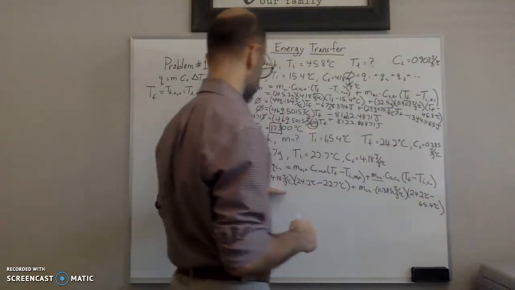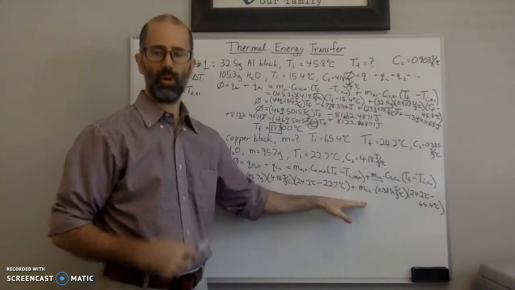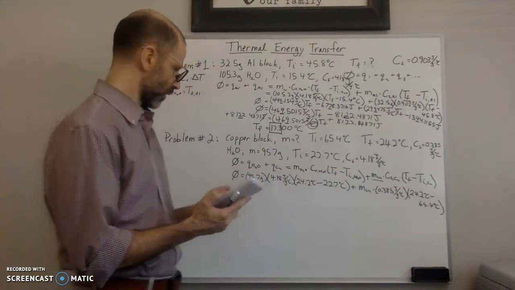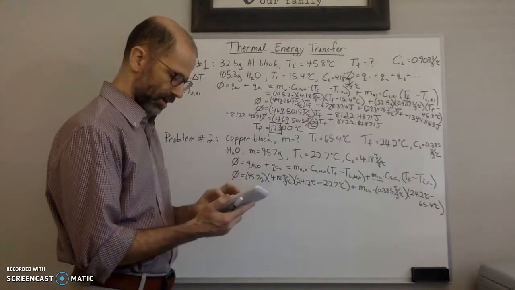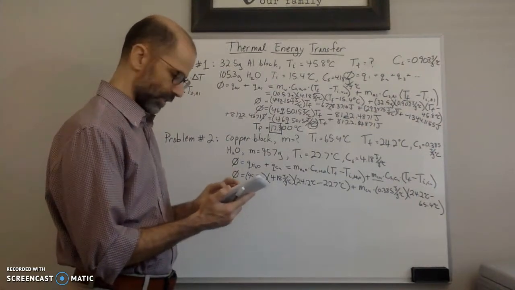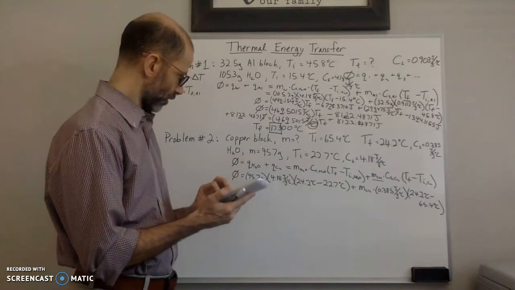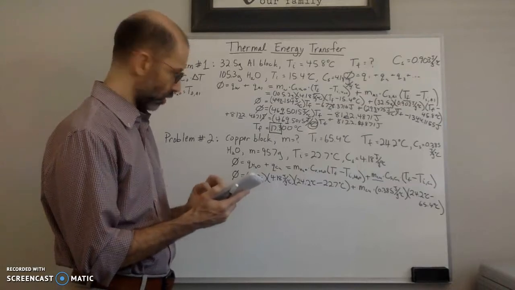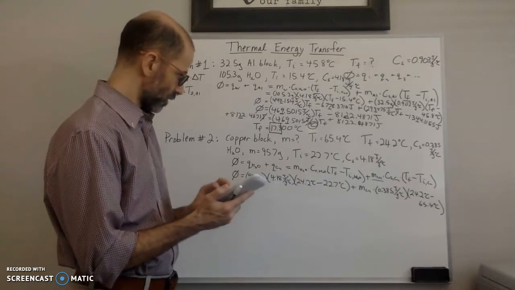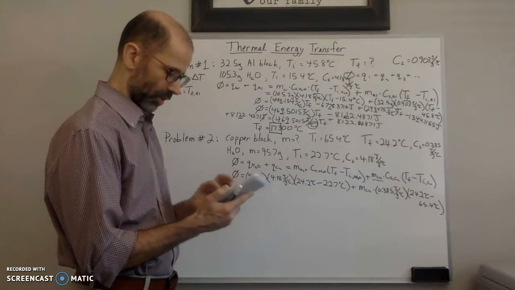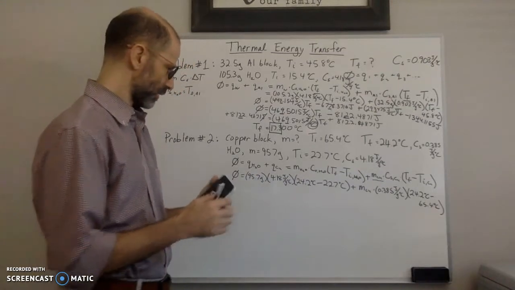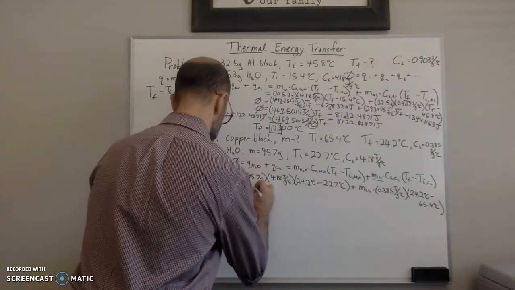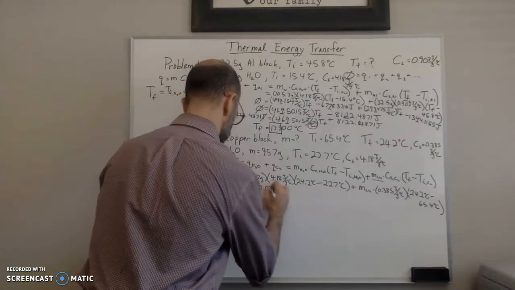So again, all I'm doing is I am going to solve for the missing piece. At this point, I'm just calculating. So I'm going to multiply 95.7 times 4.18 times, and then I have 24.2 minus 22.7 equals, and I get, for this, 600.039.